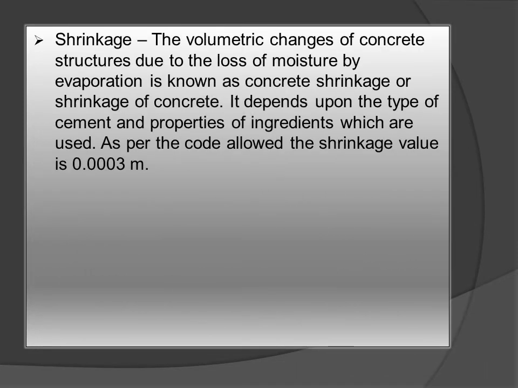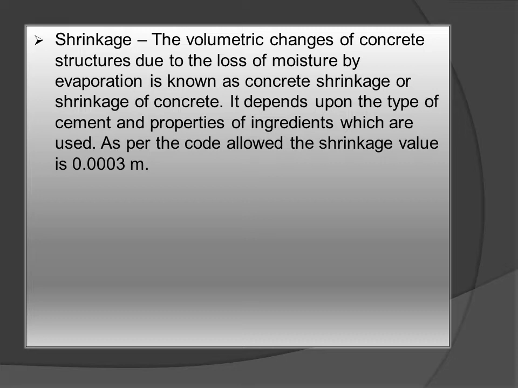Next, we will look into shrinkage. The volumetric change of concrete structures due to loss of moisture by evaporation is known as concrete shrinkage. When the pores of the concrete are filled, we might preheat it, but due to evaporation there will be loss of moisture.